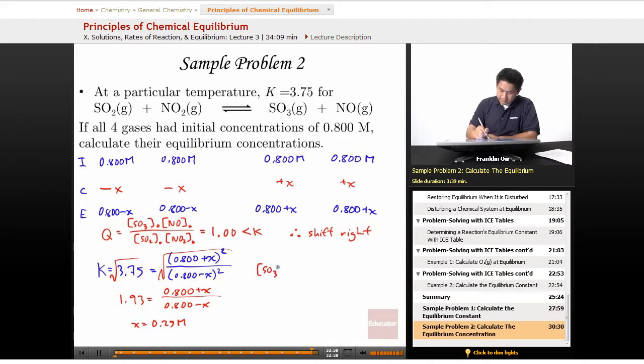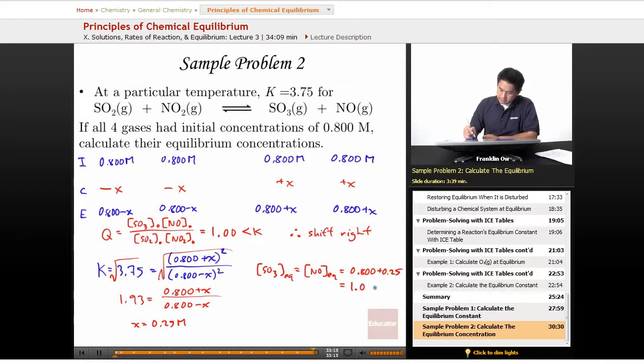So the concentration of SO3 at equilibrium is equal to the concentration of NO at equilibrium, and that's going to be 0.800 plus 0.25. I'll let you guys do the sum.